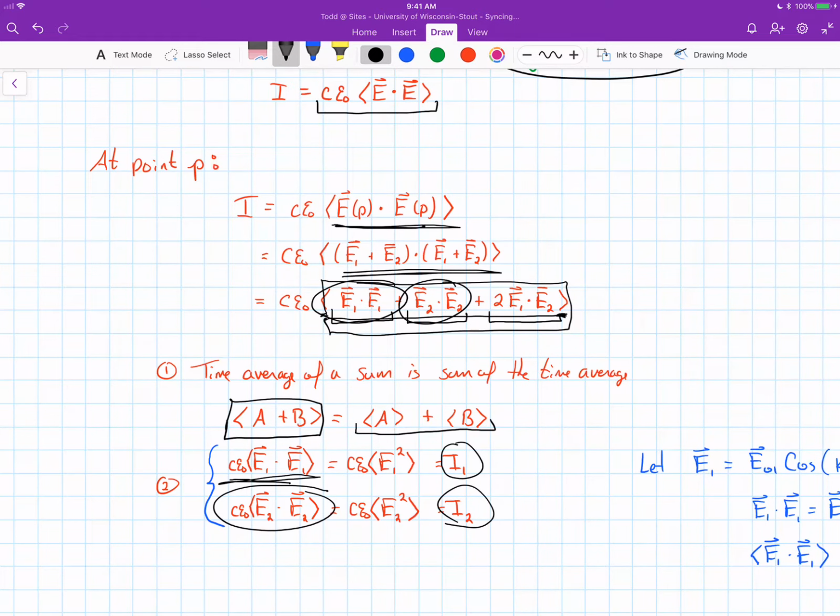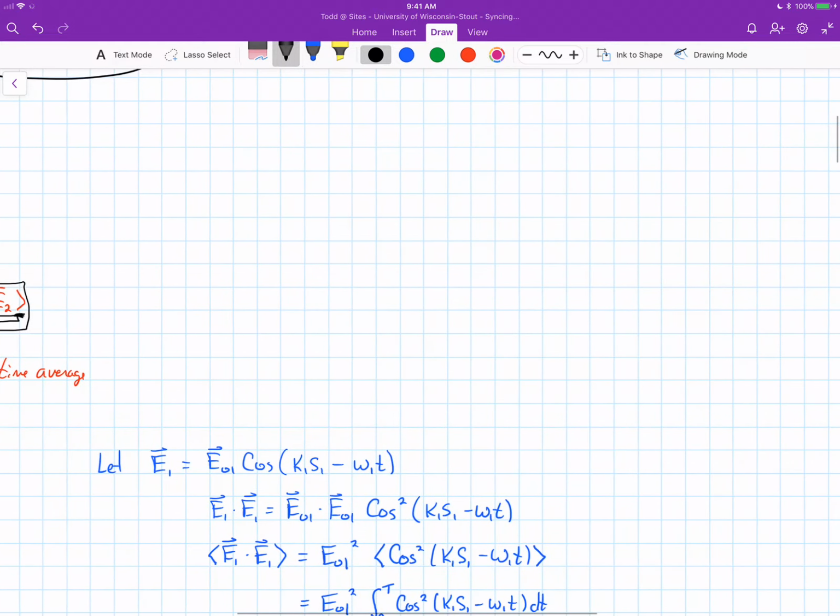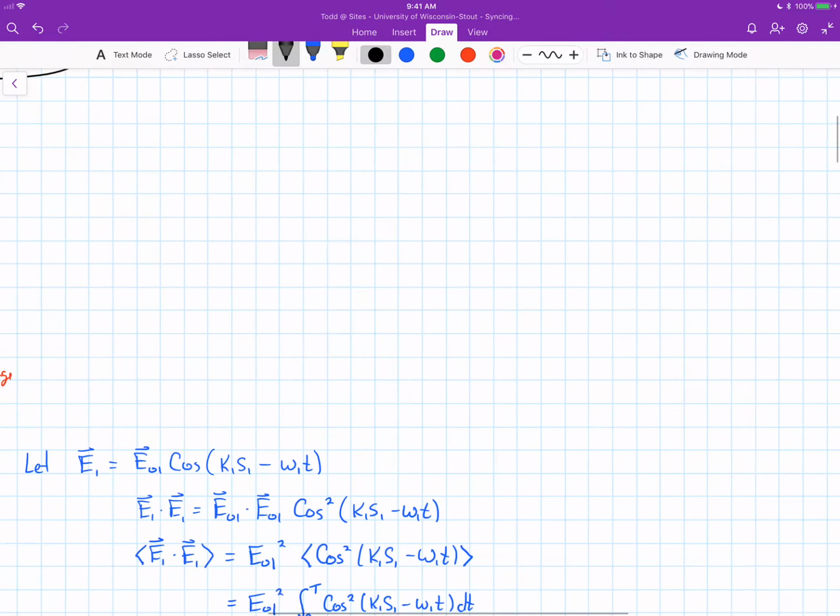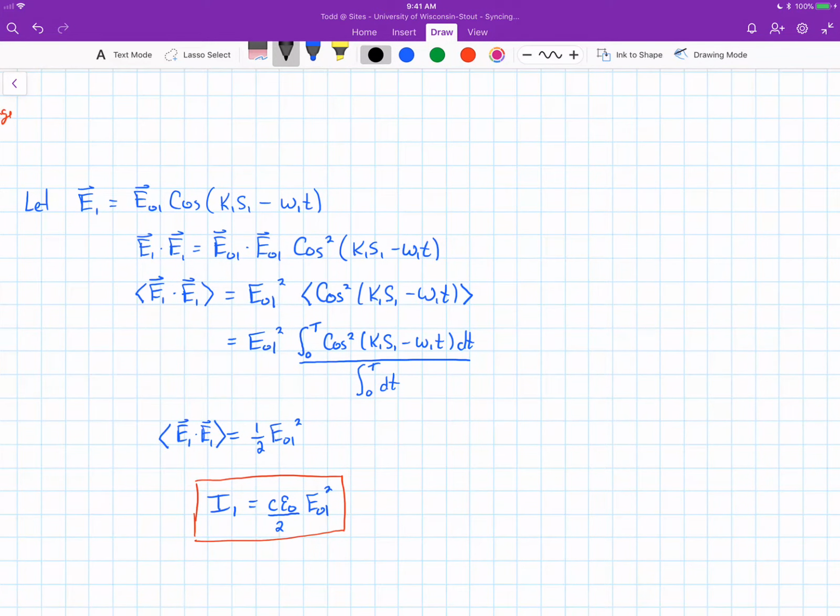And just to show you how we get to that, go ahead and assume that we start off with an electric field that looks like this. When we take the dot product of that with itself, what we end up with is just E1 dotted with itself, which is going to be the magnitude E0,1 squared, and then we end up with a cosine squared term. Now, if you take the time average of the cosine squared, we end up just getting a factor of a half.